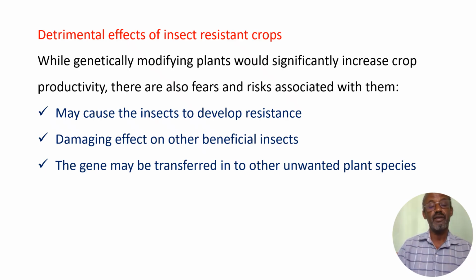The gene may be transferred into other unwanted plant species. Say you are giving crop plants herbicide resistance and insect resistance. If these crop plants can breed with weeds, for example, the gene that you put in crop plants will be transferred into unwanted, unintended targets, the weeds, so that the weeds are also going to be herbicide resistant and pest resistant, which is the effect that we don't want.